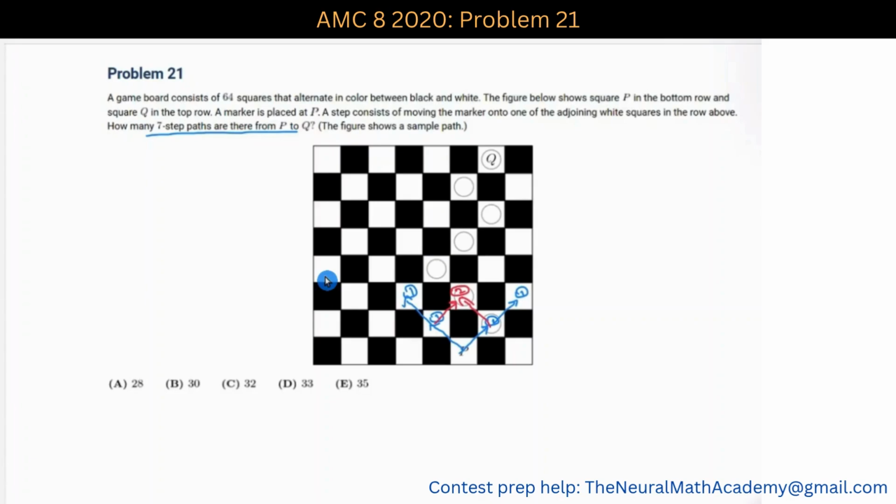Similarly, if I move to this square, I have one way, plus 2 coming here, so I have 3 total ways. And similarly, if I check this square, I will also have 2 plus 1, 3 ways.